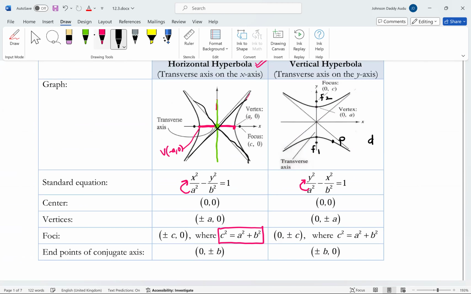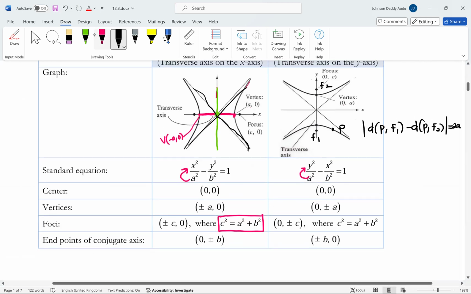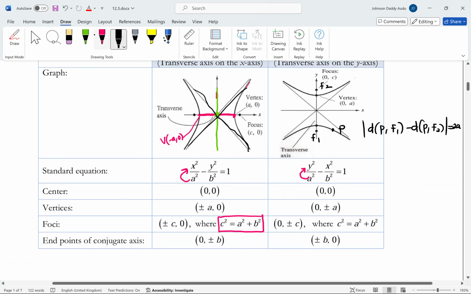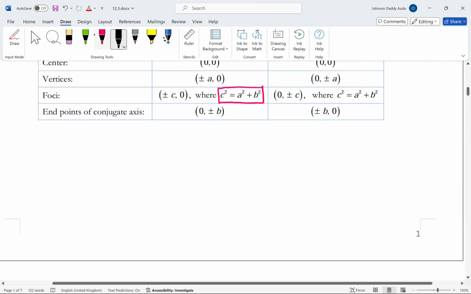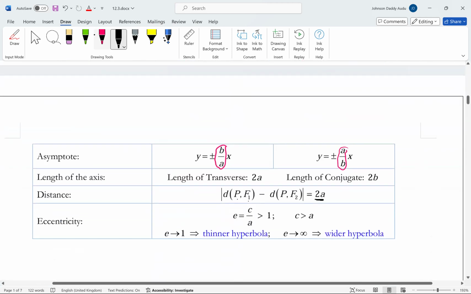So what it's saying is that if you look for the positive distance between P and F1 minus P and F2, if you take the absolute value, it's going to be just twice a, which is just the length of the transverse axis. So when you take the difference of the distances, it should just give us the length of the transverse axis.